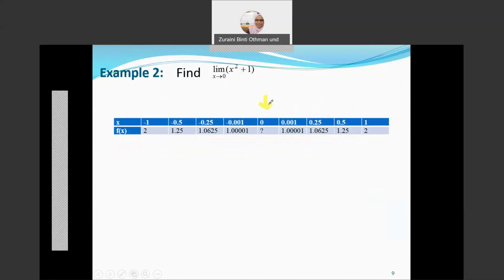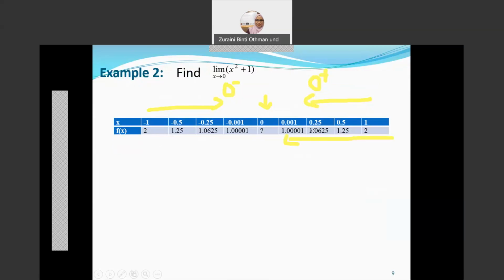So now we have to consider from the left, which is 0 negative, and from the right, which is 0 positive. So then at this type of pattern, we can see that when it approaching to 0, the nilai dia sama dengan berapa? Dia menghampiri nilai apa? Semakin dia dekat dengan kosong, nampak tak pattern ni?